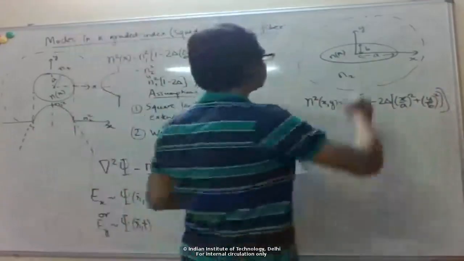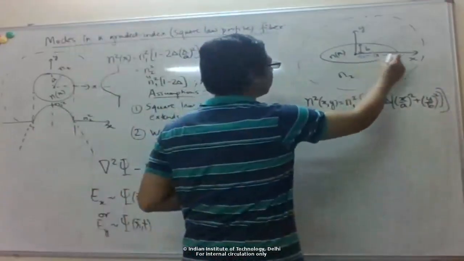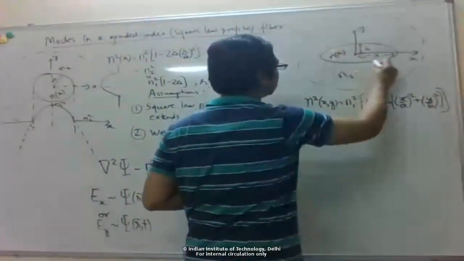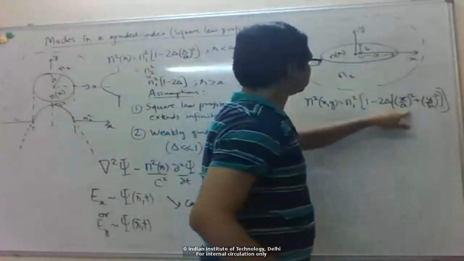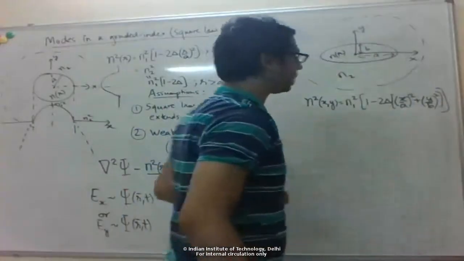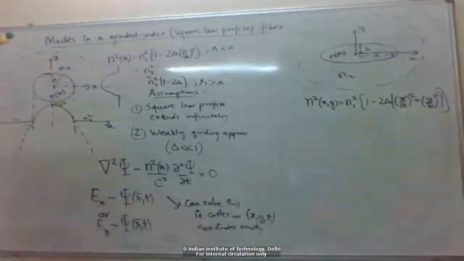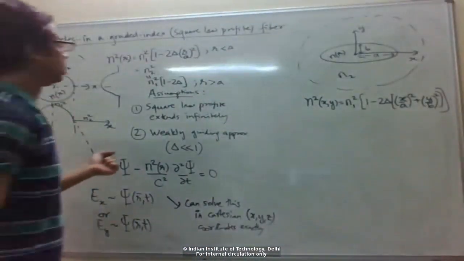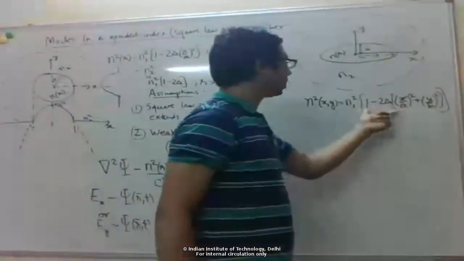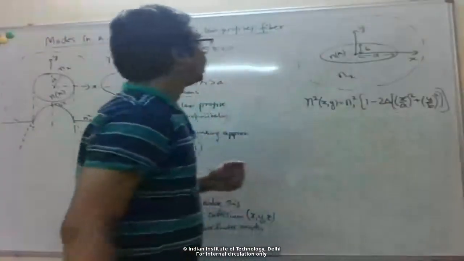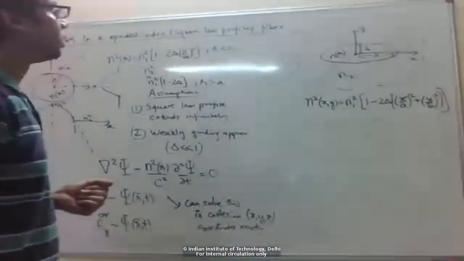It starts from n1 in the middle here and then goes to n2 at the boundary of the core, but the core is elliptical. So basically the refractive index profile looks like that. So in Cartesian coordinates, we can solve for a refractive index profile like this in general.